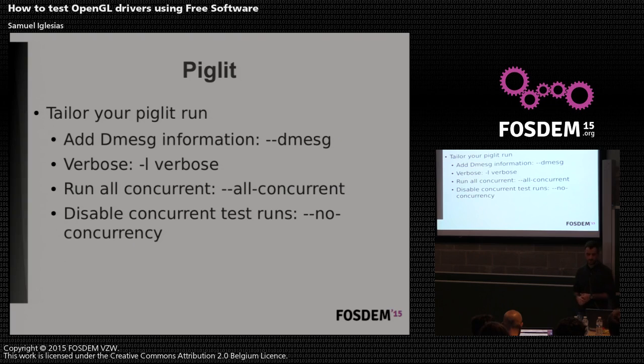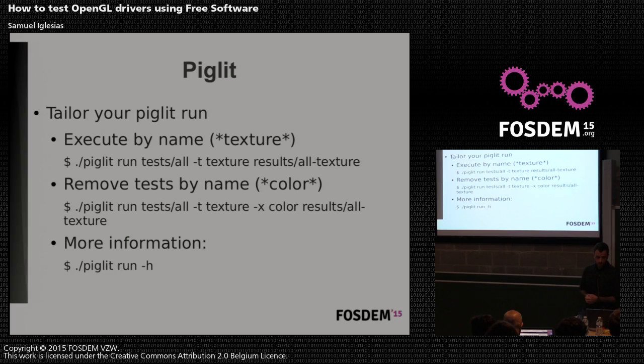You have more parameters for the Piglit run. You can run the tests all concurrently, or disable the concurrent execution. You can also test, for example, by filtering by name. In this case, from all the tests that Piglit has, you just execute the ones with the word texture in their name, or exclude others.